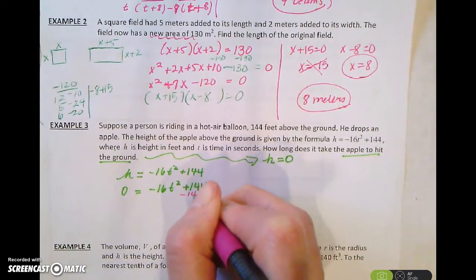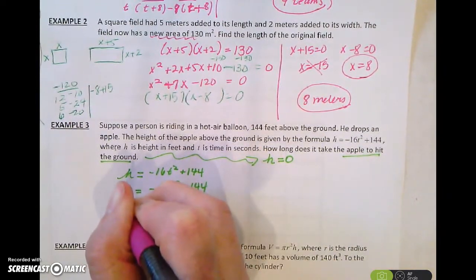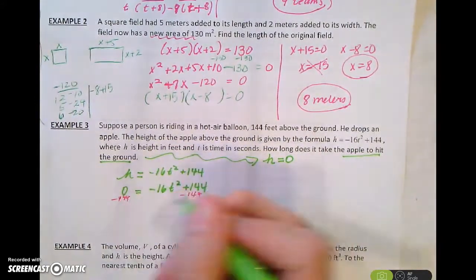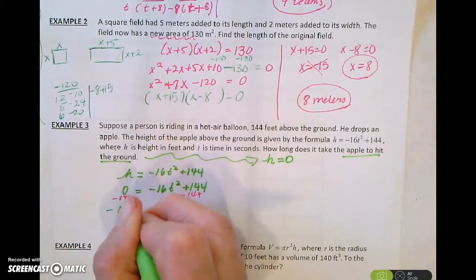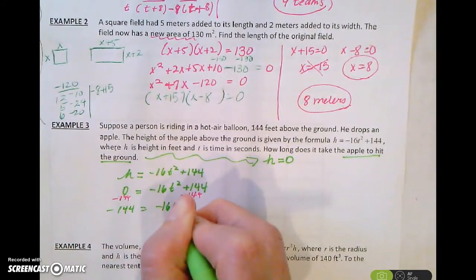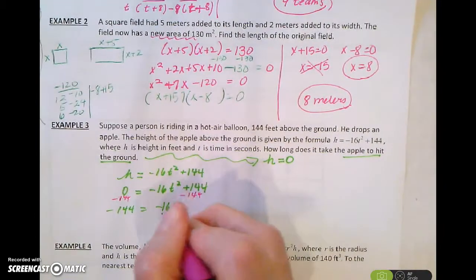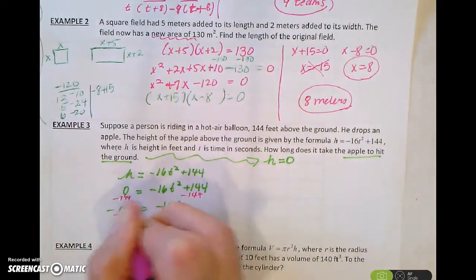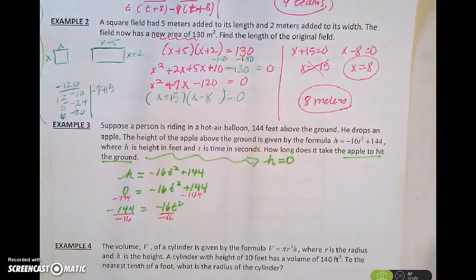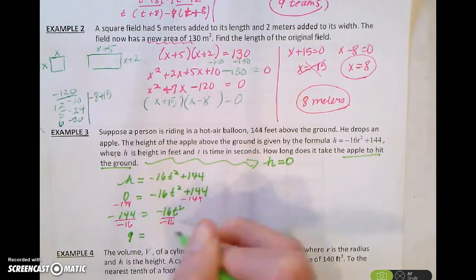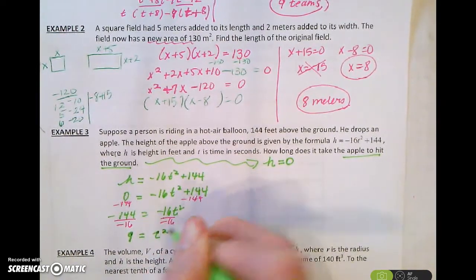I'm going to subtract 144, and then I'll get negative 144 equals negative 16t squared. And then I'm going to divide both sides by the negative 16. And that will give me 9 is equal to t squared.